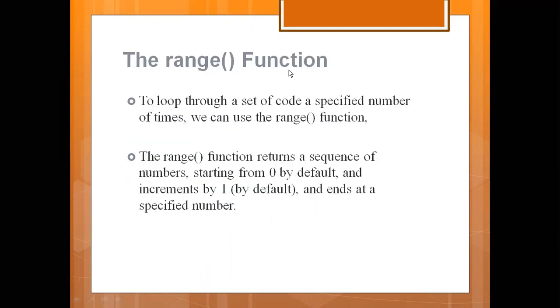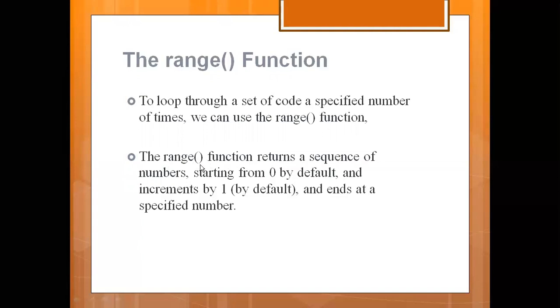Now the range function. This is another very important function. The range function has basically three parameters in its brackets. The first is the start, then the stop, and the step. To loop through a set of code a specified number of times, we can use the range function. We should remember the start, the stop, and the step.